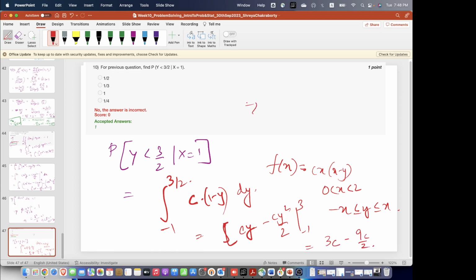So then that would be equal to 3 into c, which is 1 by 8, minus 9 into 1 by 8 into 2. So 3 by 8 minus 9 by 16. No, there's some mistake that I'm doing here. This can't be it.